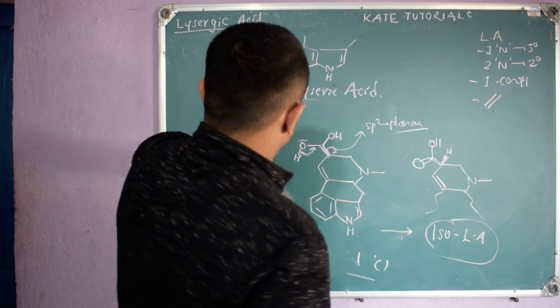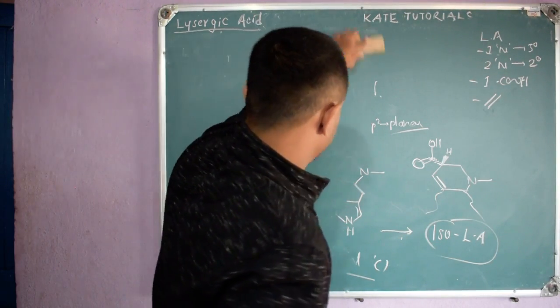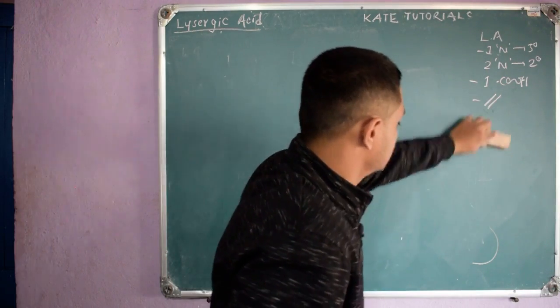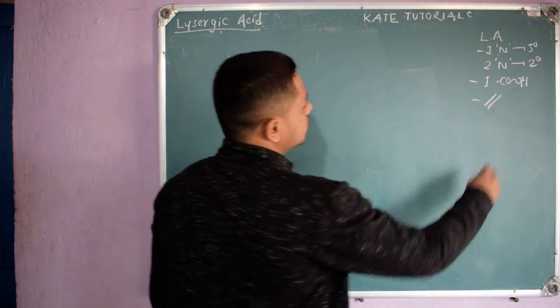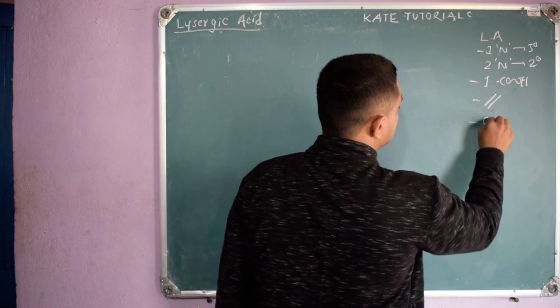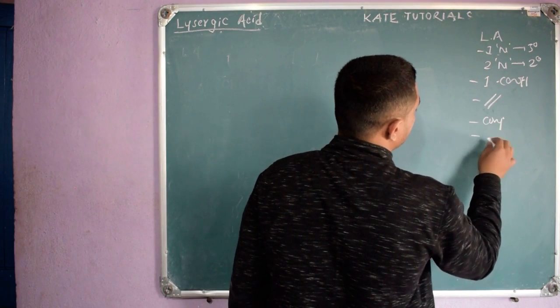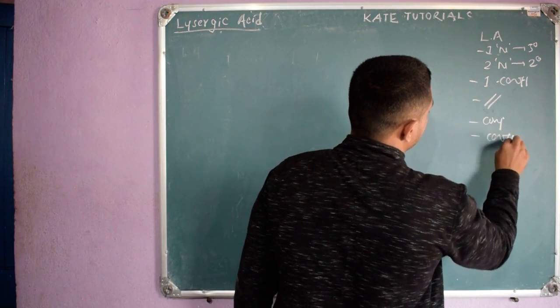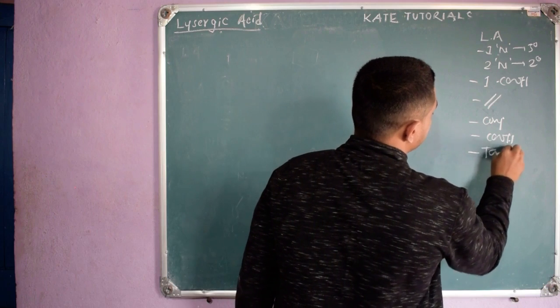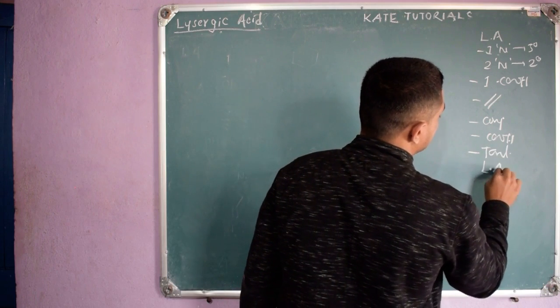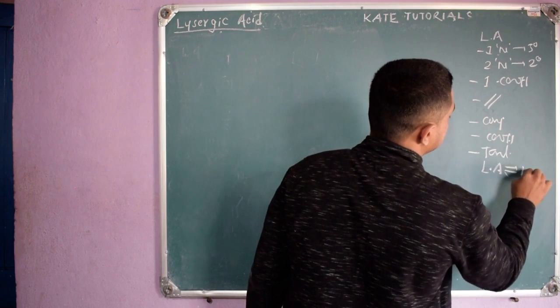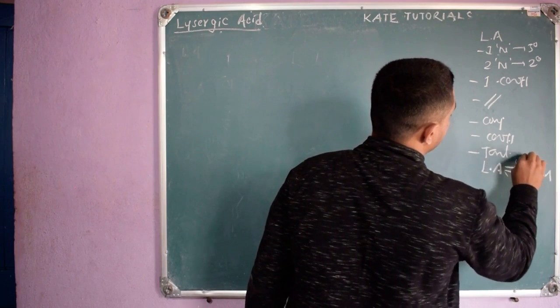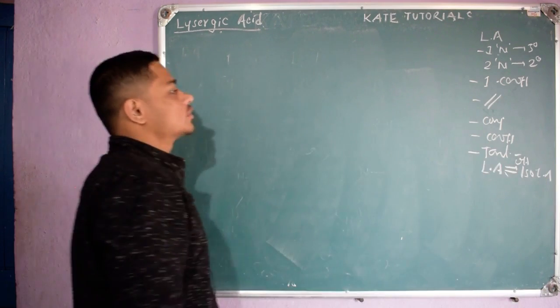Once we understood this, let us see one more reaction which is very important. We gave the position of the conjugation and of COOH. We told the tautomerism in which lysergic acid converts into isolysergic acid in presence of base OH minus.